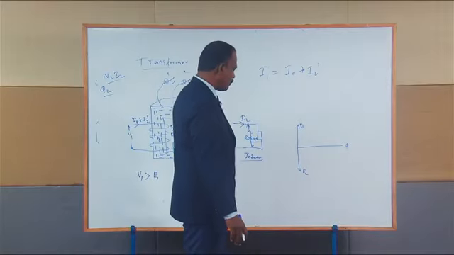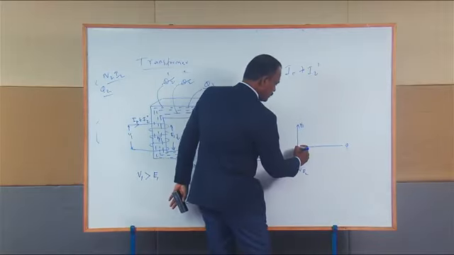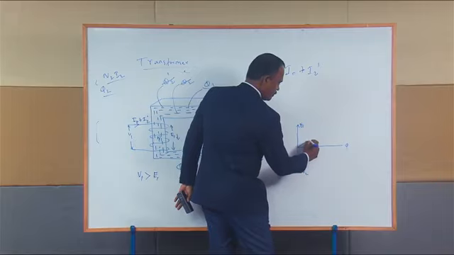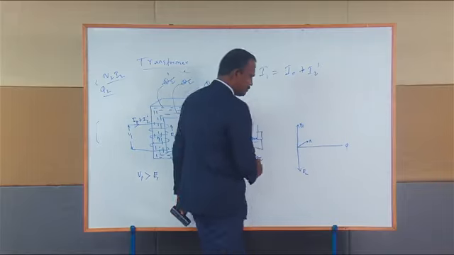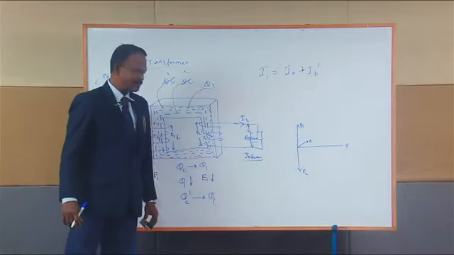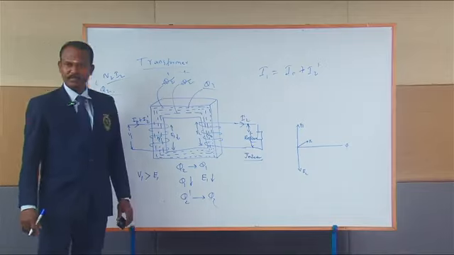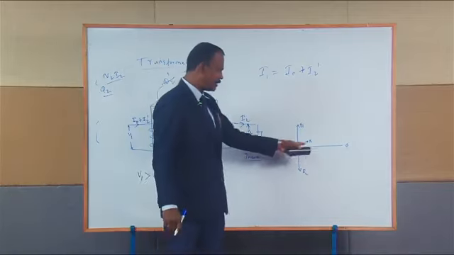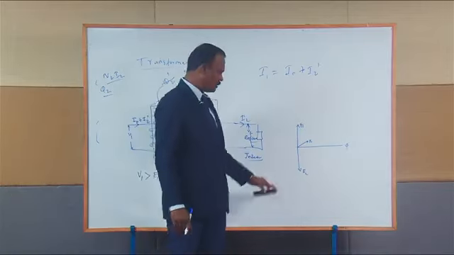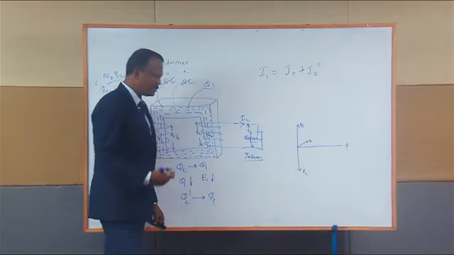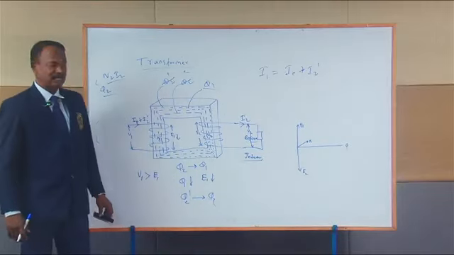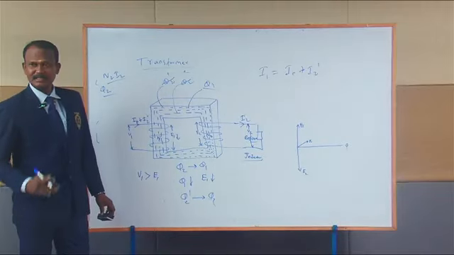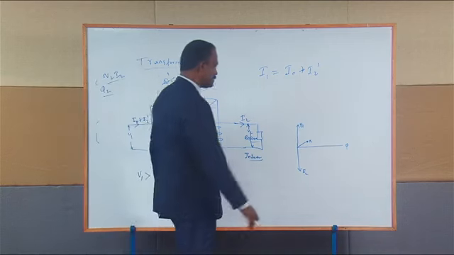Now I can draw my I0 for simplified conditions. I'm not representing I mu and IW, I'm just mentioning I0. Now what is the nature of I2 dash? This is for inductive load. Definitely the current I2 lags behind the voltage by some angle.